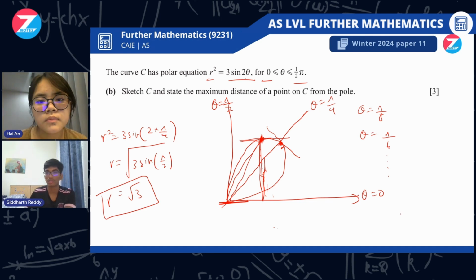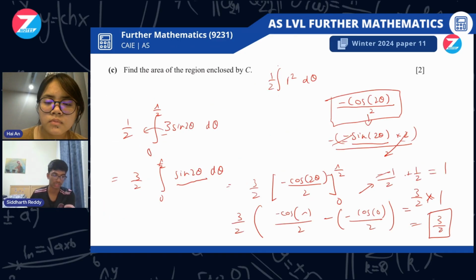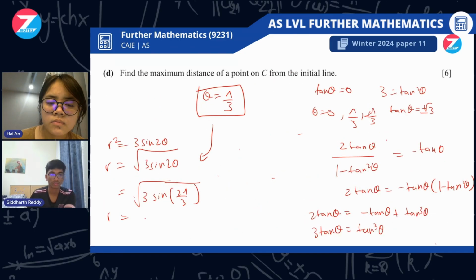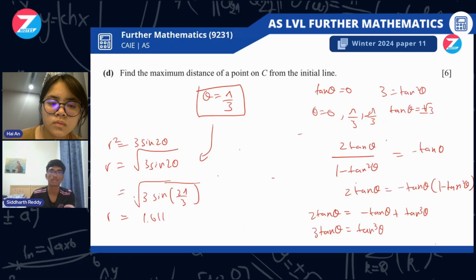So take a triangle, just look at this triangle. So this is the angle theta is equal to pi by 3. And we have this hypotenuse as, we just calculated it and it was something like 1.611. So this thing will be equal to 1.611 times sine theta. So let's just do that.